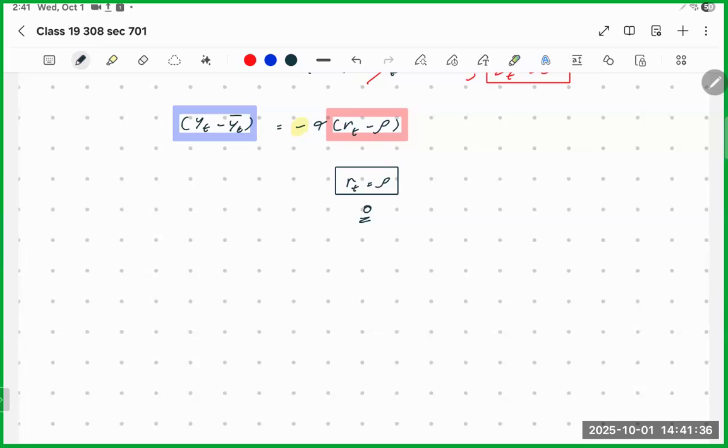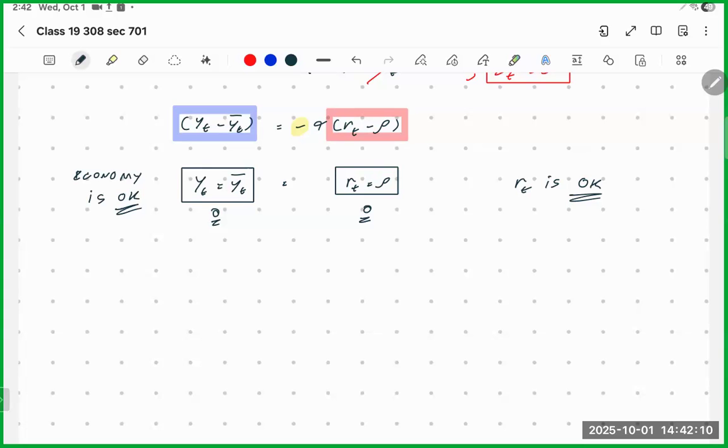This means the real rate is not too high, not too low; it equals the natural rate. So the left-hand side is also 0: Y_t equals Y_t bar, which means the economy is also okay, not too high, not too low.